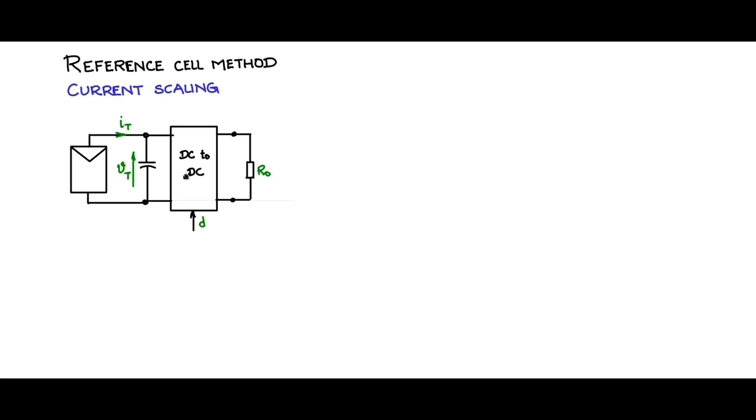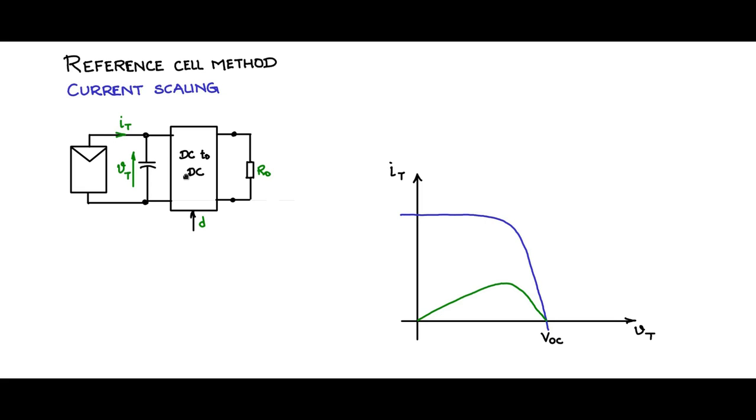Now let us draw the IV characteristic for this PV system. This is the IV characteristic and this is the PV characteristic. Let me draw a line.